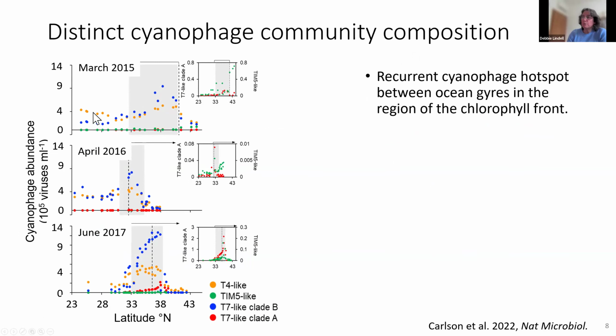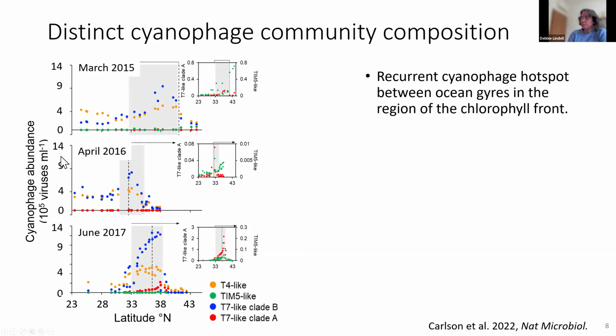But what I'd like you to notice, besides this consistent community composition at the family level of the cyanophages, is that in this transition zone between the subtropical and subpolar gyres, we have an increase of both T4 and T7-like cyanophages, but this increase in T7-like cyanophages is higher. And we're calling this region, which we've marked in grey, a cyanophage hotspot.